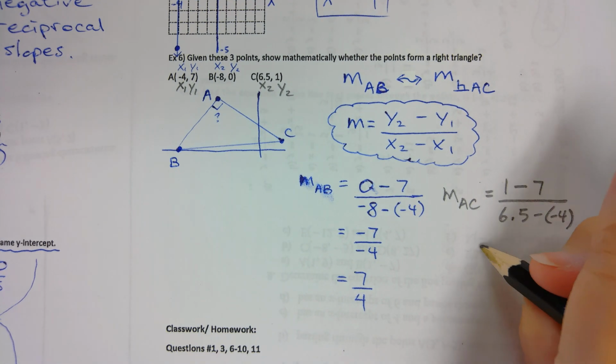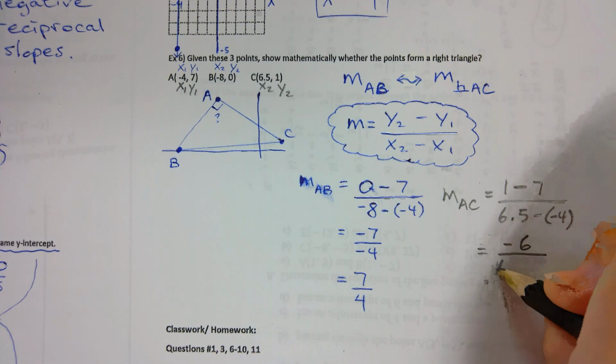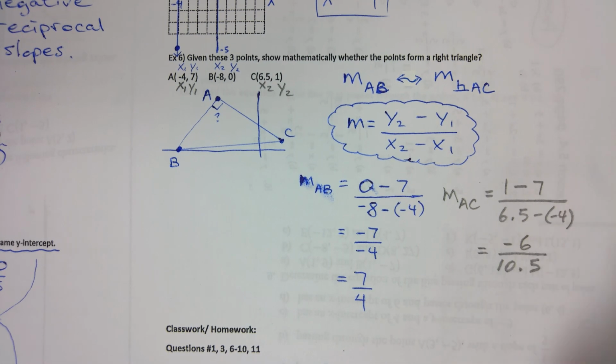Okay. When I simplify this, I get negative 6 over 10.5. Now remember in chapter 1, I said fractions and decimals never mix. They're like rivalries. You can't put them together.